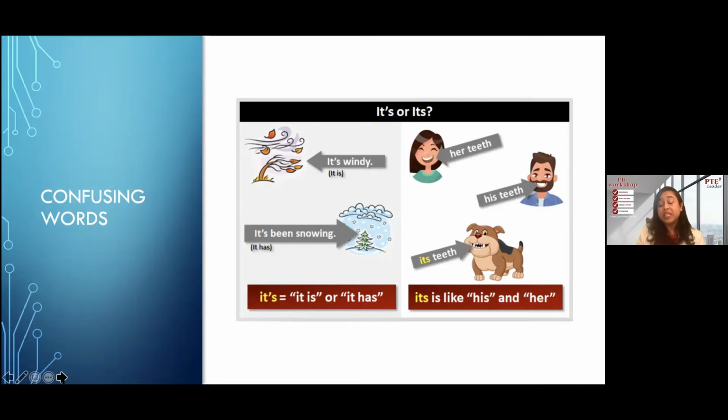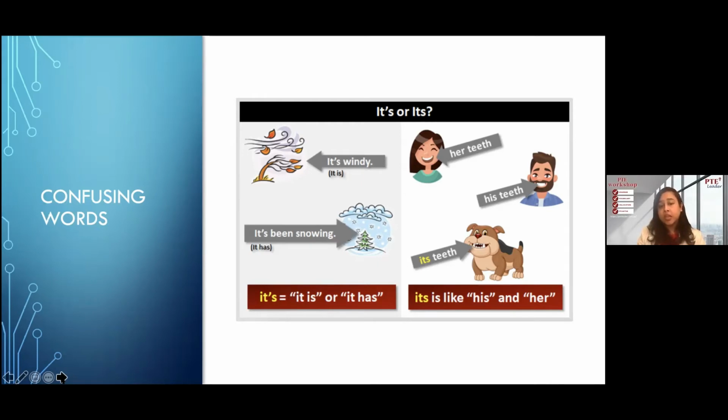If you want to write it is or it has in the short form, you write it's with an apostrophe. But if you want to say its teeth, like a dog's teeth, so the teeth belong to the dog as per the picture here, you don't use an apostrophe. This can be very confusing sometimes for many people.